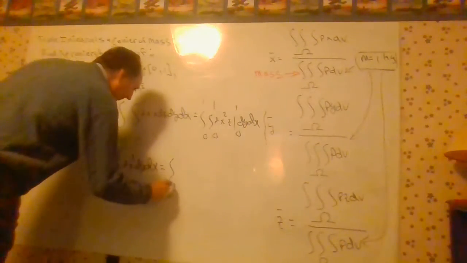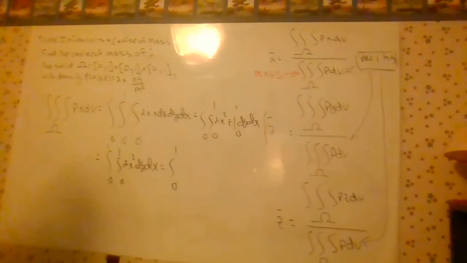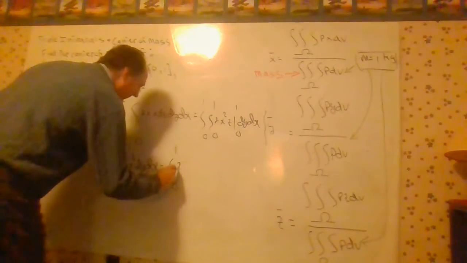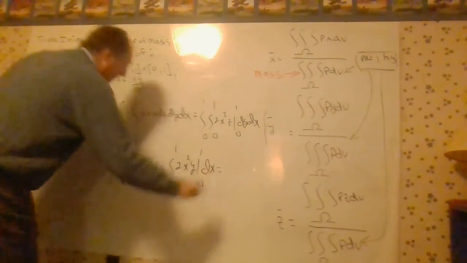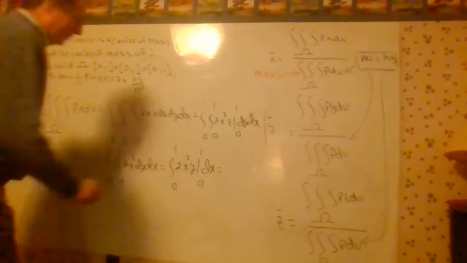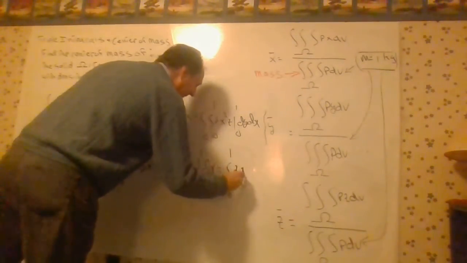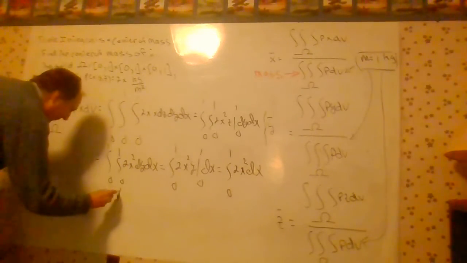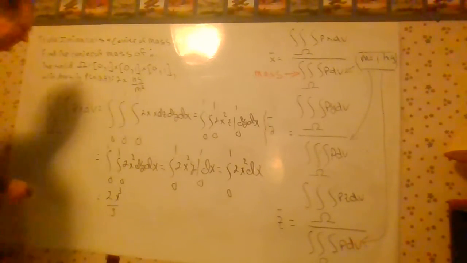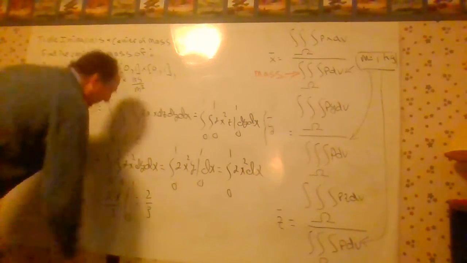And that gives us the integral 0 to 1 of 2x squared y from 0 to 1. These are pretty boring integrals, but that's okay. 2x squared dx. Now that's going to give us 2x cubed over 3 from 0 to 1, which gives us 2/3.